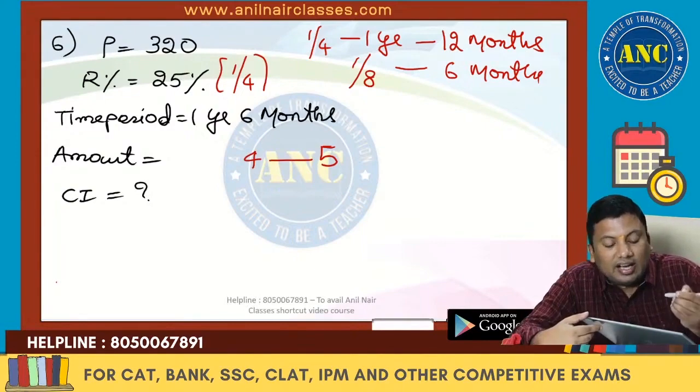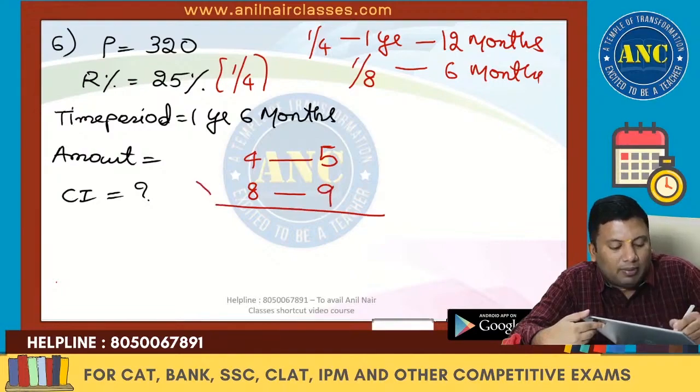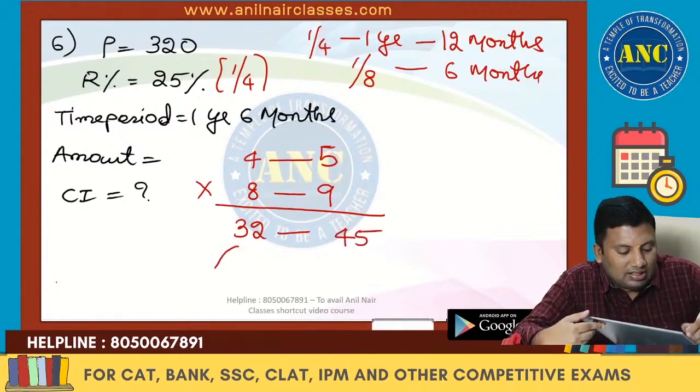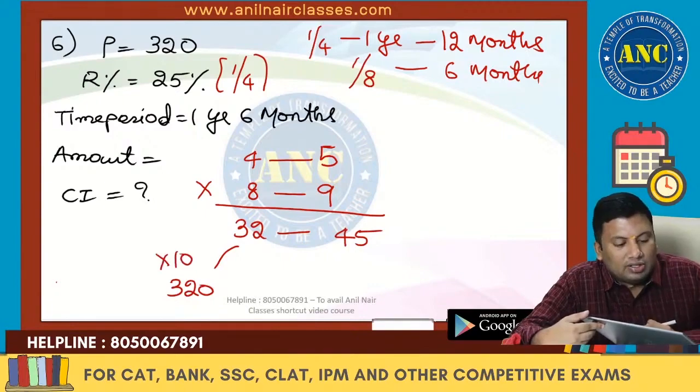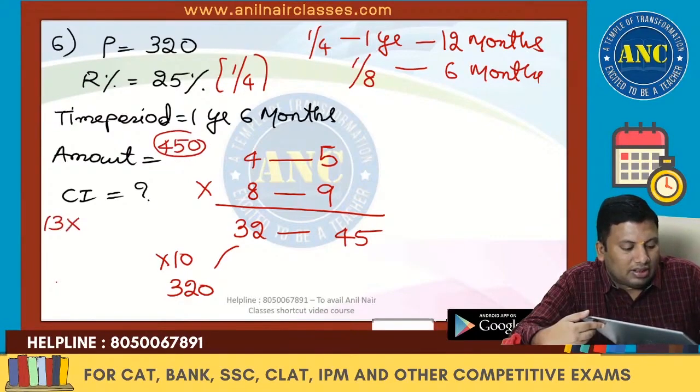In the second year I want it in 6 months. 6 months I got 1 by 8. 8, 1 increase, it is nothing but 9. 4 8s are 32. 5 9s are 45. So these 32 is becoming 320, into 10. So principal is 320. Amount is 45 into 10, which is 450. CI is nothing but 13 into 10, which is 130.